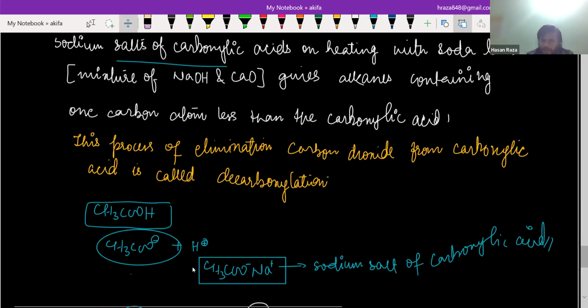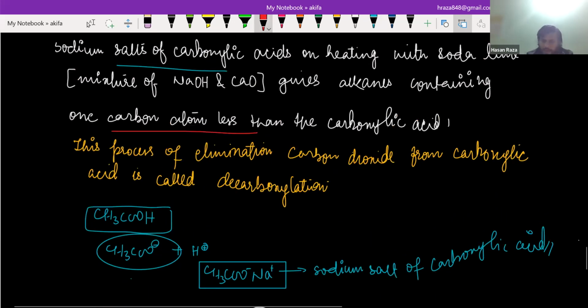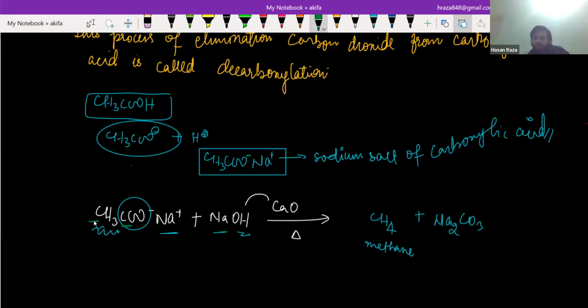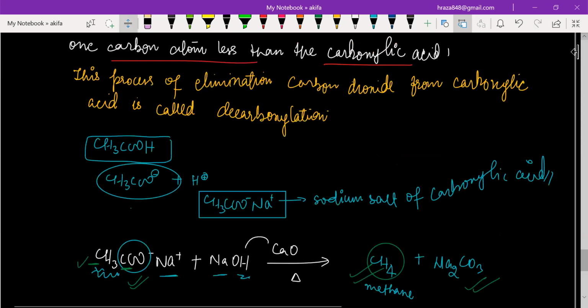Carboxylic acid or carboxylic salt, you can see how many carbons are here. You can see two. So one of the carbons will be used in Na2CO3 and one carbon is left, and with one carbon only CH4 is possible as alkane. So I write CH4. Please write it and I will give another example. It will be more clear.